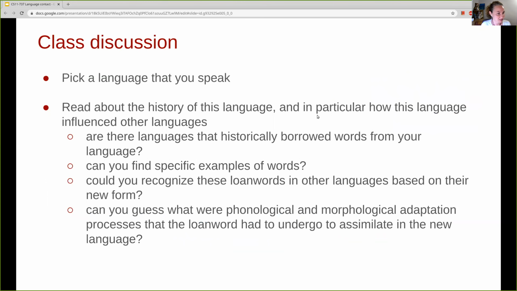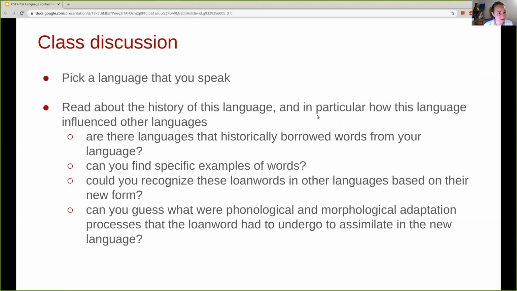So to summarize, we talked about what is language contact and a very quick overview of existing approaches to bridging between lexicons of two languages. For the class discussion, you will need to look into some language.